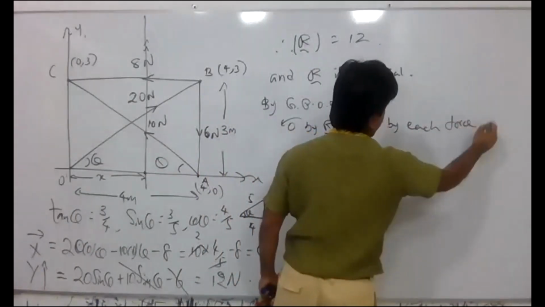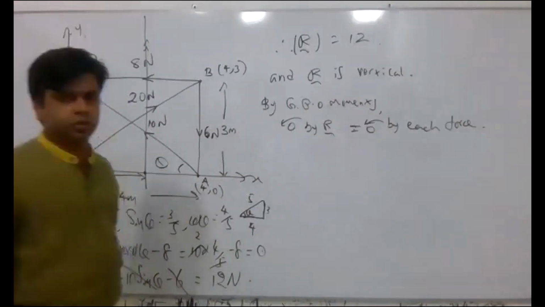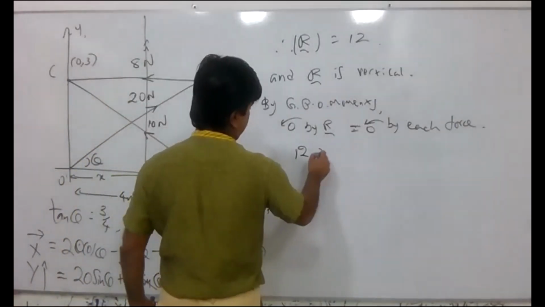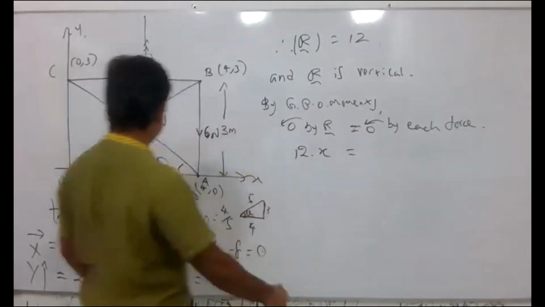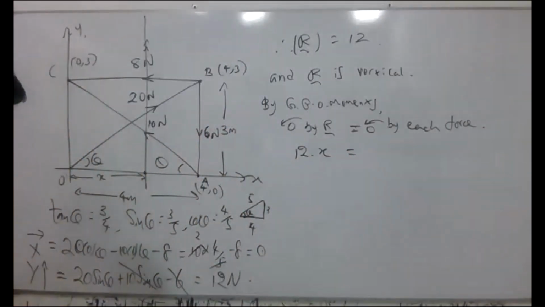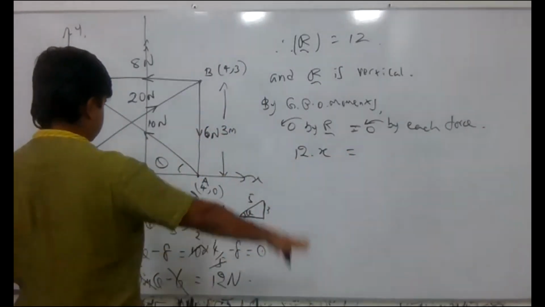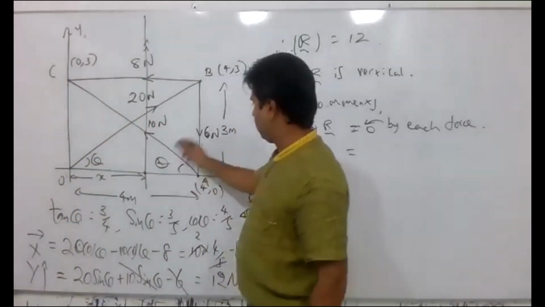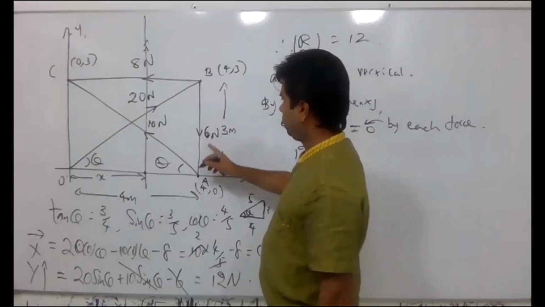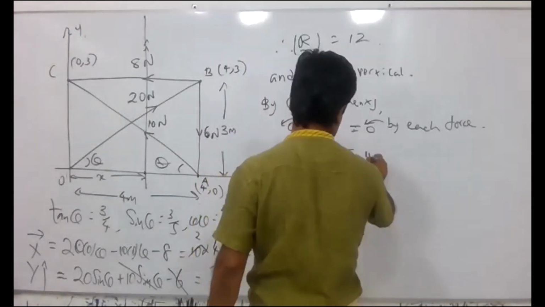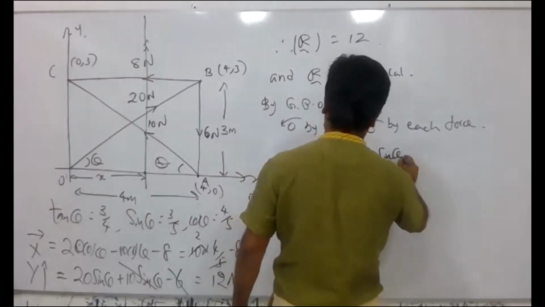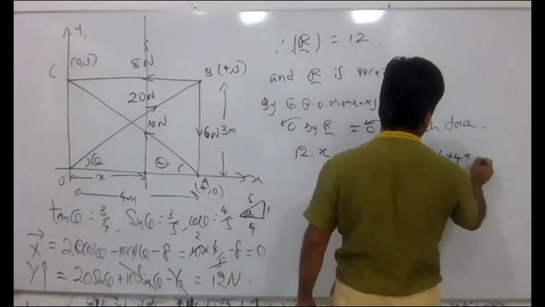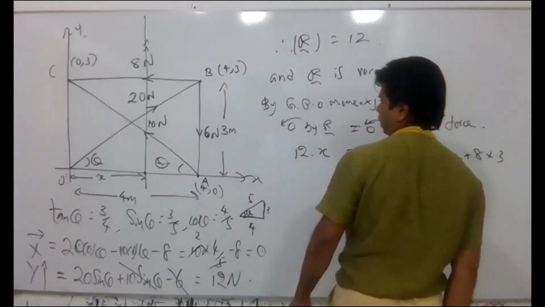So therefore, resultant is 12, then 12 into x equals moment by each force, which means 10 sine theta into 4 minus 6 into 4 plus 8 into 3.